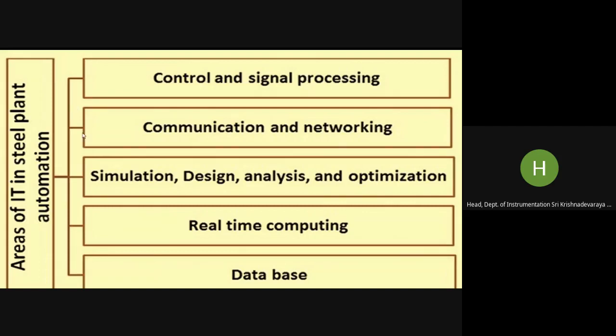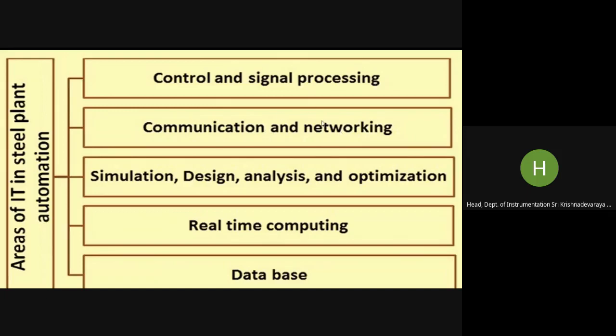Then in the next stage, you also have to analyze how you are going to communicate from one controller to another, and how you are going to network the different controllers. Because we have seen you have a pressure regulating controller, flow regulating controller, flow indicating controller, flow transmitter, temperature transmitter, level transmitter, level indicating controller.